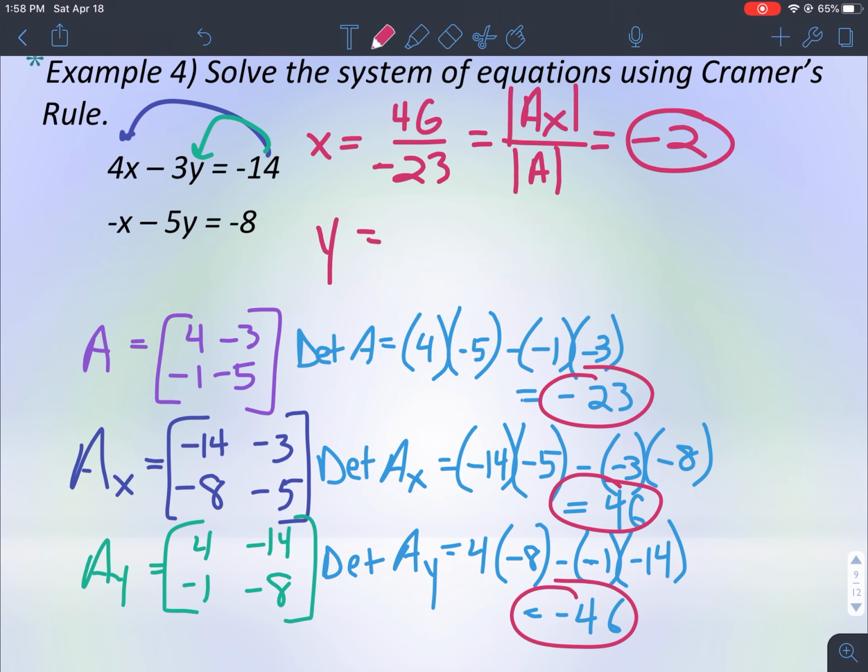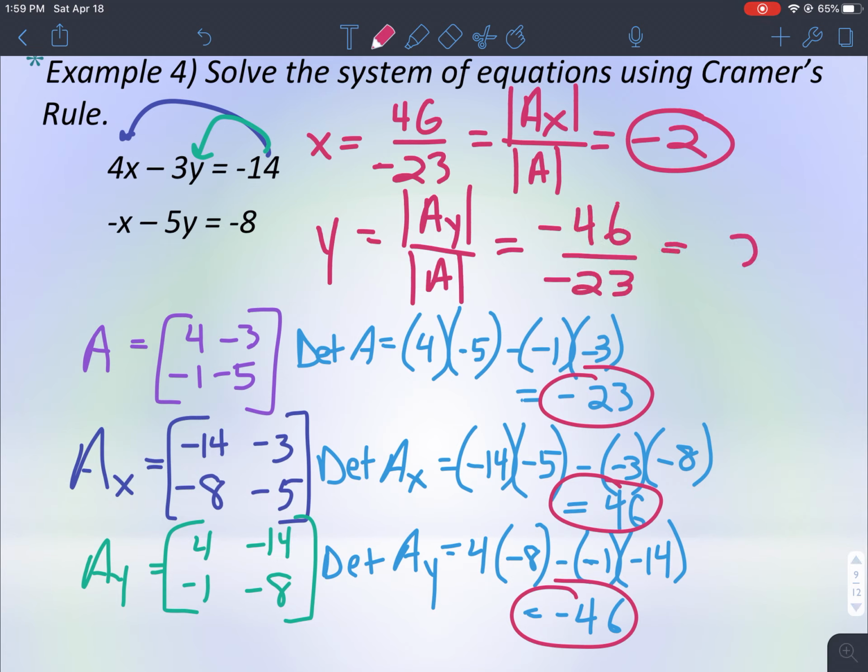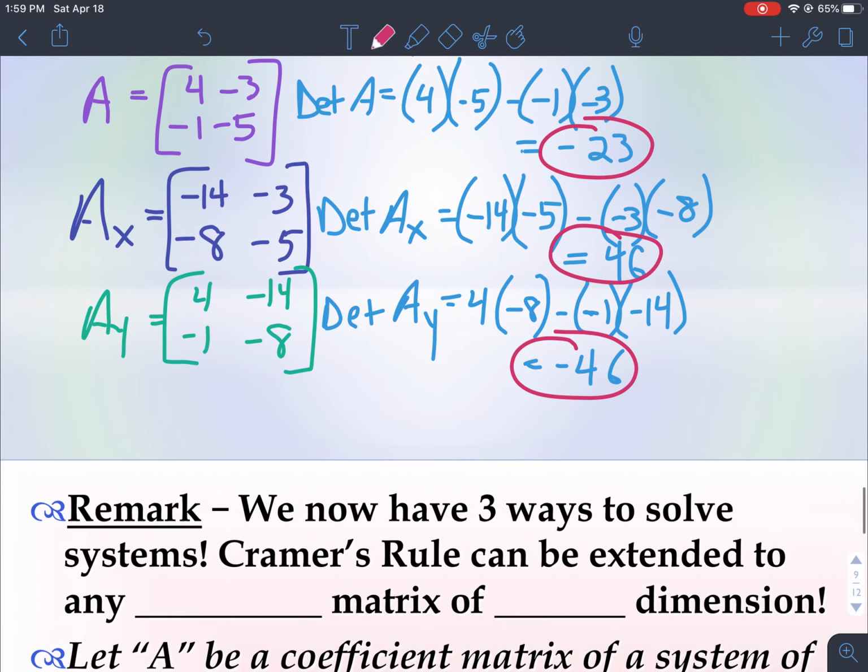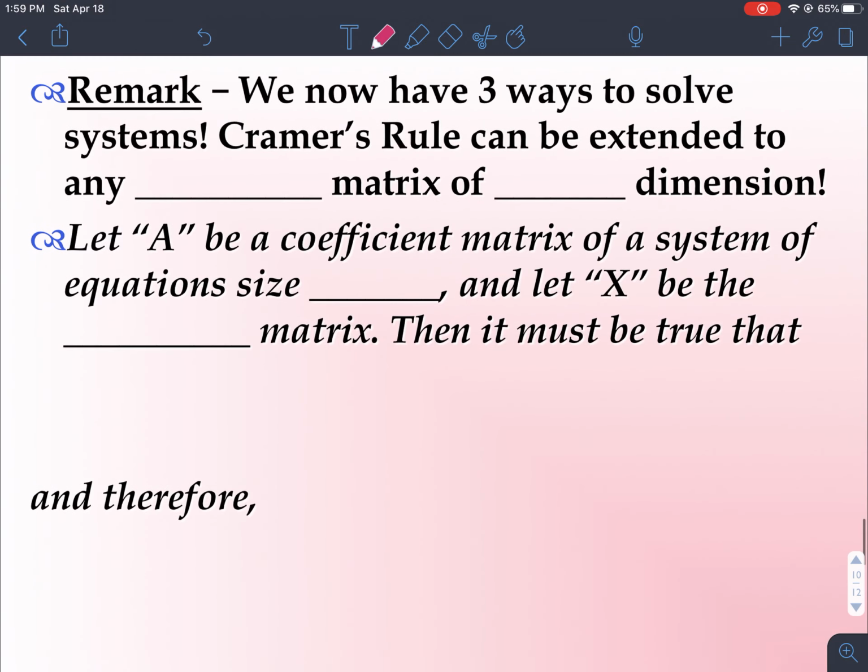Y should be the determinant of the augmented y matrix over the determinant of the A coefficient matrix. So that should be negative 46 over negative 23, positive 2. There you have it. We now have 3 ways to solve systems.